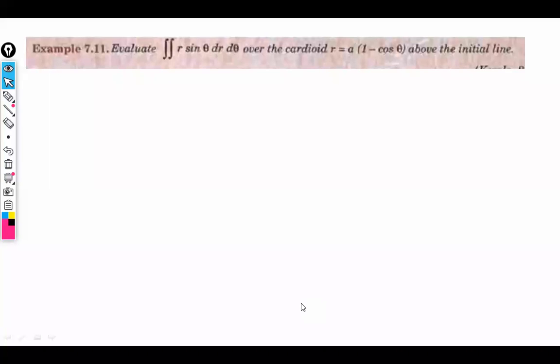Yes, sir. What is the meaning of initial line? So the initial line is the line which we are using to integrate that. No, not correct. So we will integrate half of it.